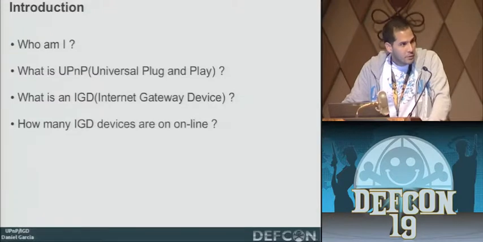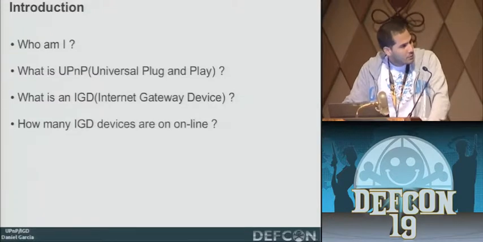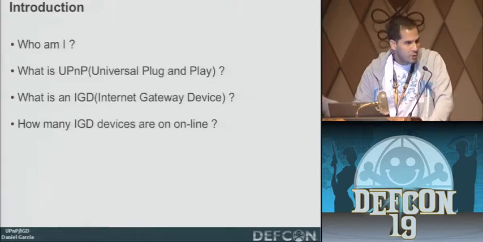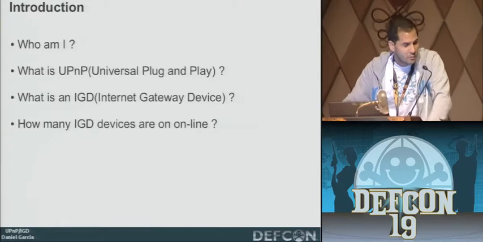The point of UPnP is to make devices work seamlessly, be it connectivity devices or networking devices or media devices. There are also other devices that can be used, but mostly that's what UPnP is used for. So as you probably suspect, making devices work seamlessly is a good idea, but it's not very plausible.